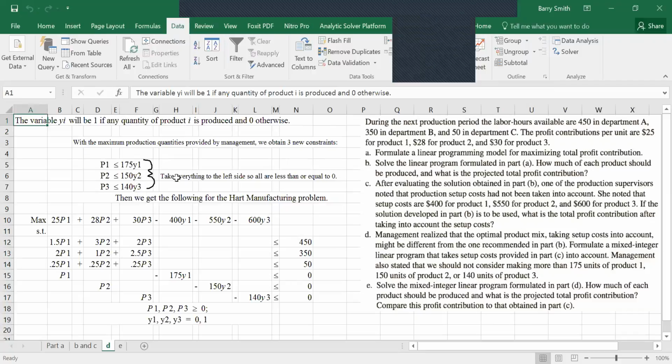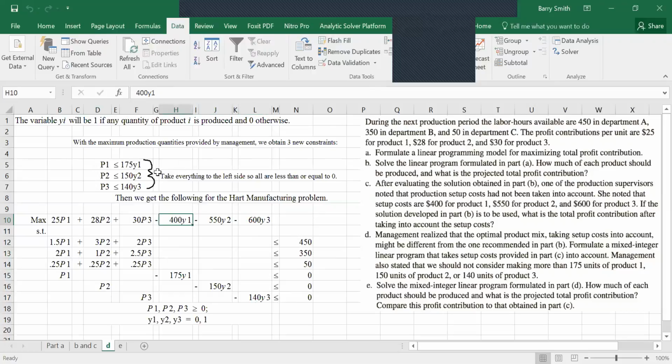And then to make these equations more along the lines of what we've been seeing with just numbers here on the right, we're just going to take everything to the left. And so it's all less than or equal to 0 over here. And then we can go ahead and make a new linear programming model. And so our new one is same here, but now we're going to subtract off those costs. Remember we had the cost of setup for 400, 550, 600.